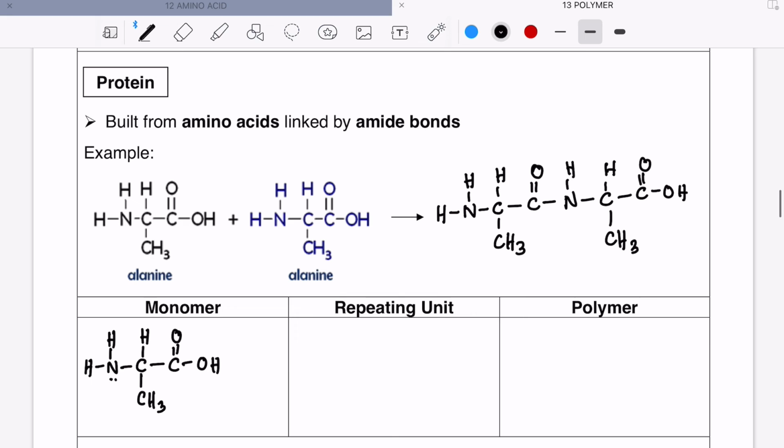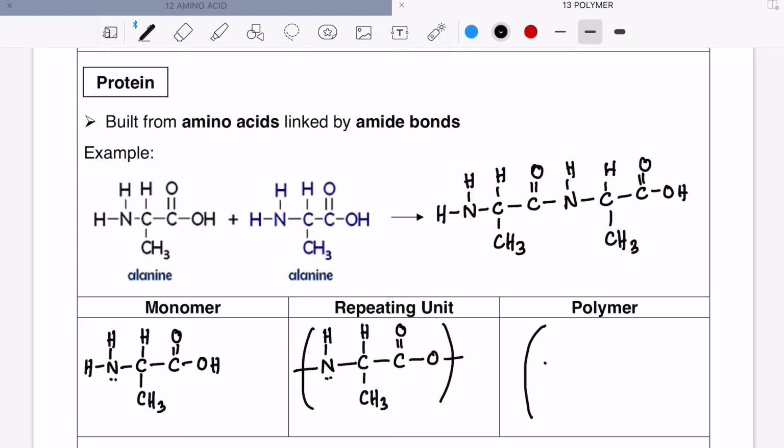So the repeating unit will be this. And your polymer will be this one.